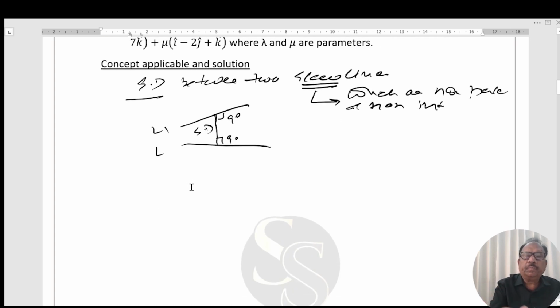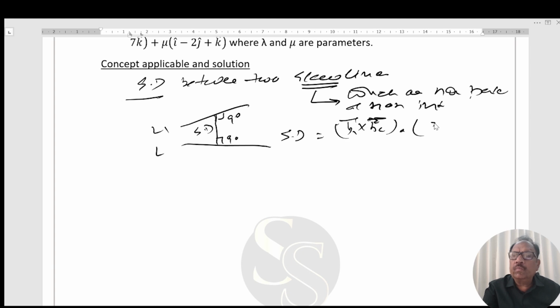In this case the formula is: shorter distance will be equal to (b1 cross b2) dot (a2 minus a1) upon the magnitude of b1 cross b2.